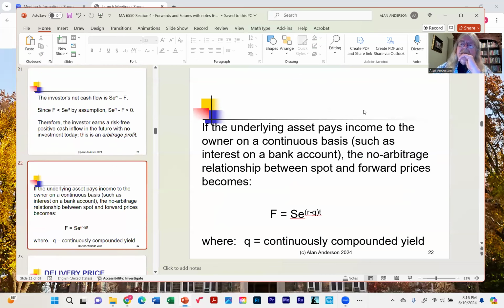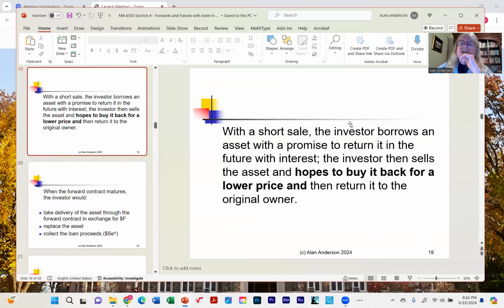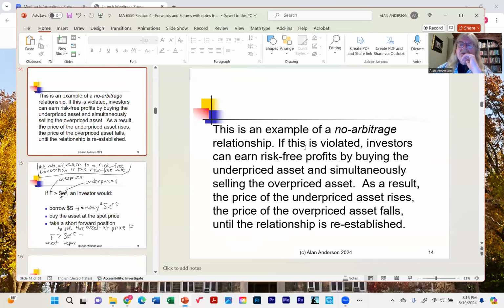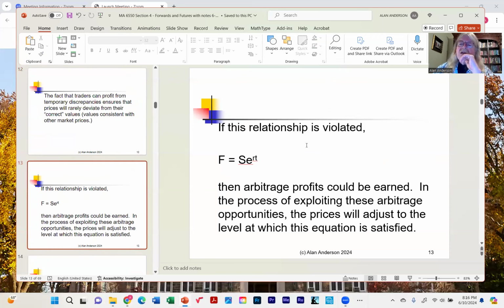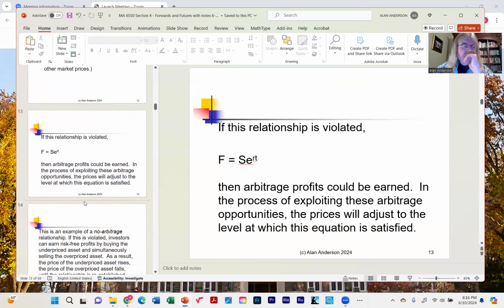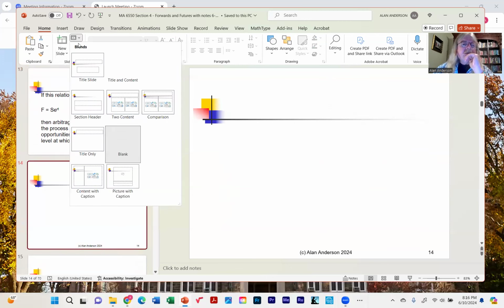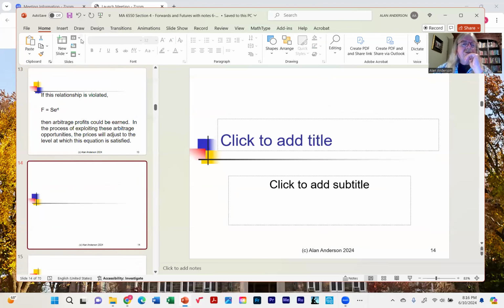Now, by the way, this discussion we just had is based on the assumption that the asset underlying this contract does not provide any type of cash flows to the owner. Okay, let me just mention that here. So this formula I just showed you is correct, but only in that case.